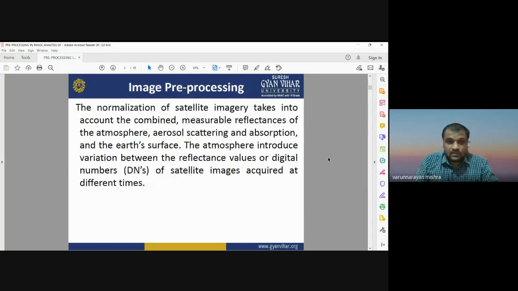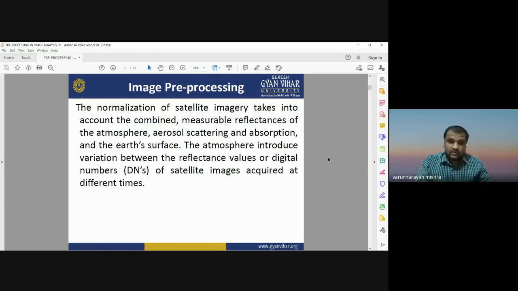Okay, so the normalization of satellite images, like when we go for atmospheric correction, is a kind of normalization. The normalization of any satellite image takes into account the combined or measurable reflectance of the atmosphere, aerosol scattering, and absorption. The atmosphere causes variation between the reflective values, or signal or digital numbers, of satellite images acquired at different times.